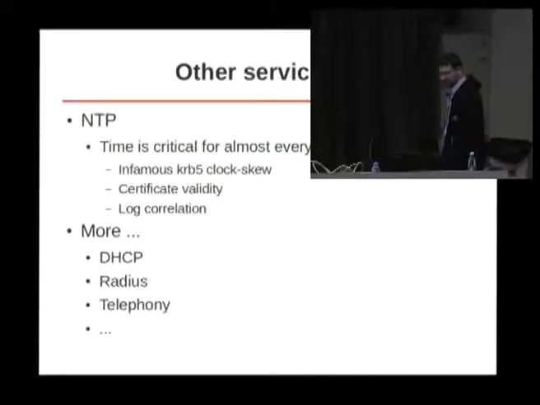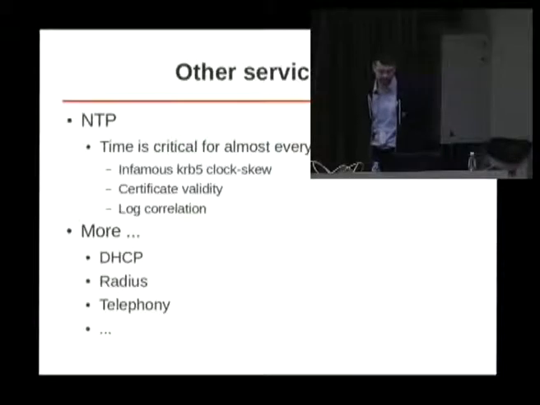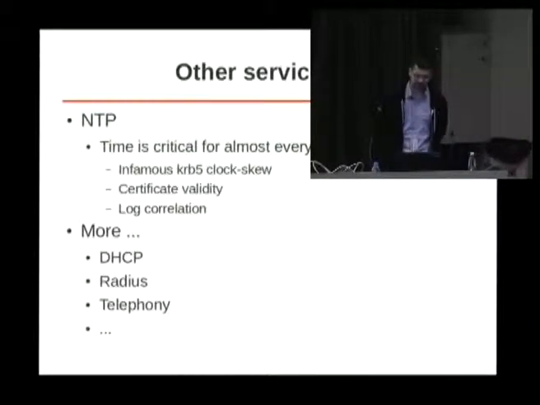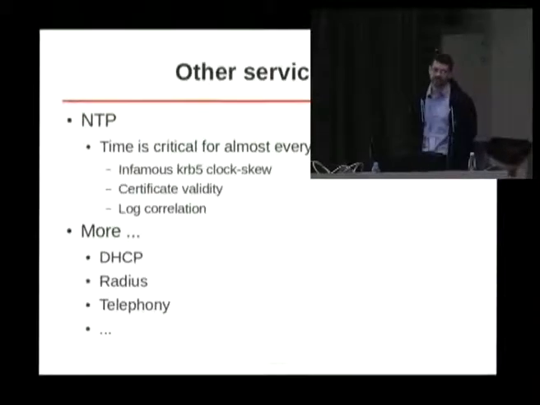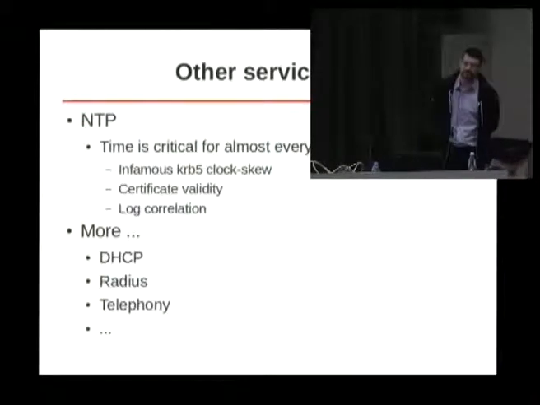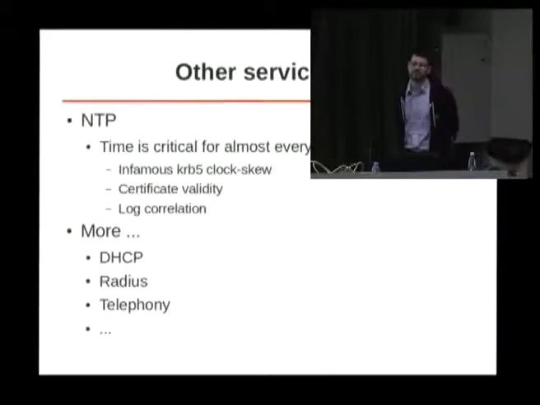Another component that is pretty neglected, and that's why I want to point it out, is NTP. NTP is the Network Time Protocol, and it is critical for a lot of things. In our case, it's critical especially for Kerberos, where there is this famous Kerberos 5 clock skew.